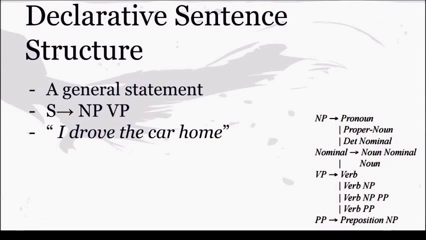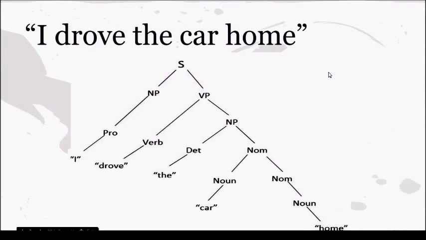This structure causes S to have NP VP. This means the sentence will start with a noun or a pronoun and contain an action. This is just a parser for the example above. As you can see, the NP goes down to I and the VP breaks down all the way to drove the car home.